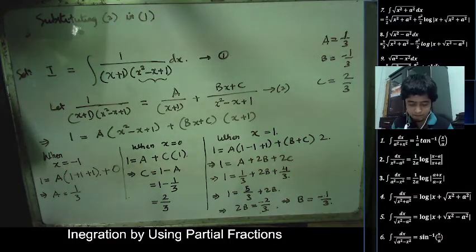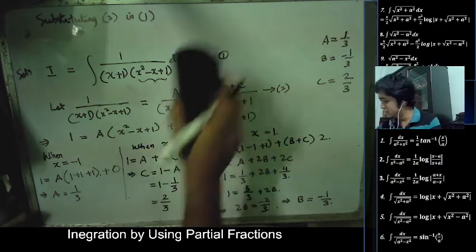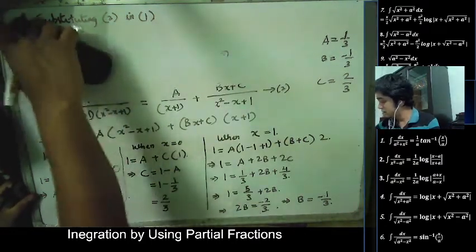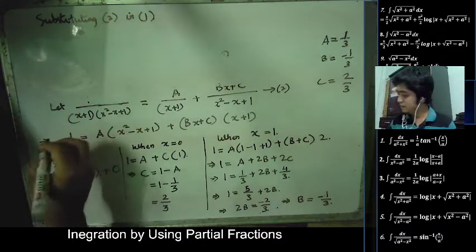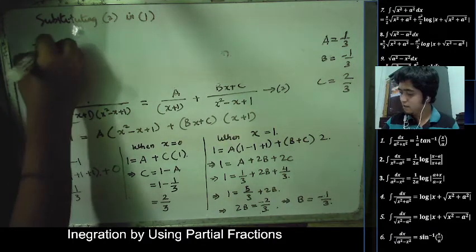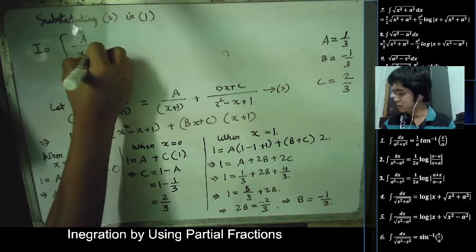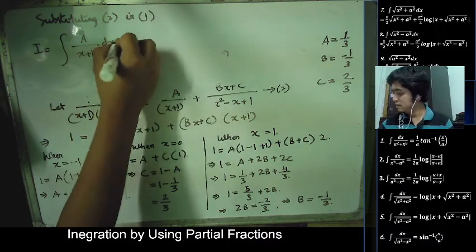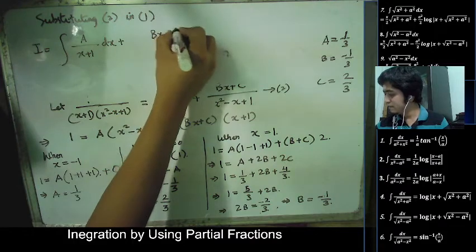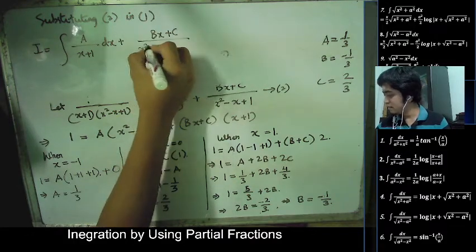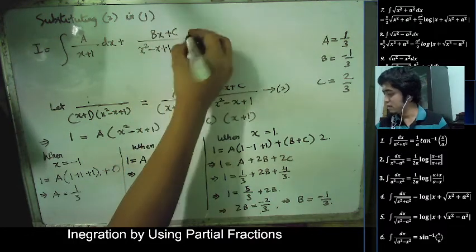Okay, if we do it, then we will be having this. If we substitute 2 in 1, then it will be integration a upon x plus 1 dx plus bx plus c upon x squared minus x plus 1 dx.